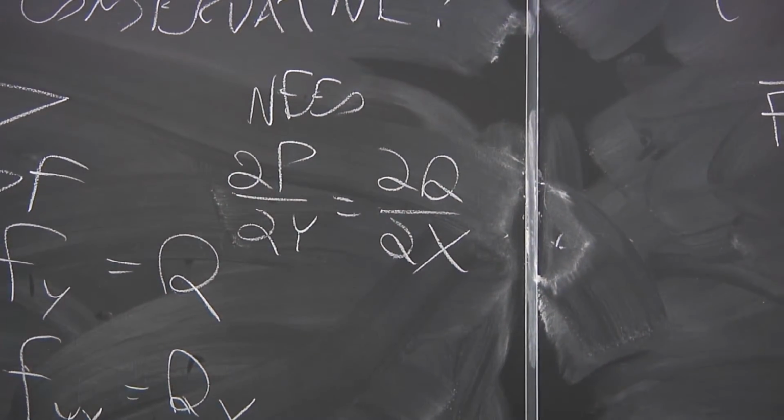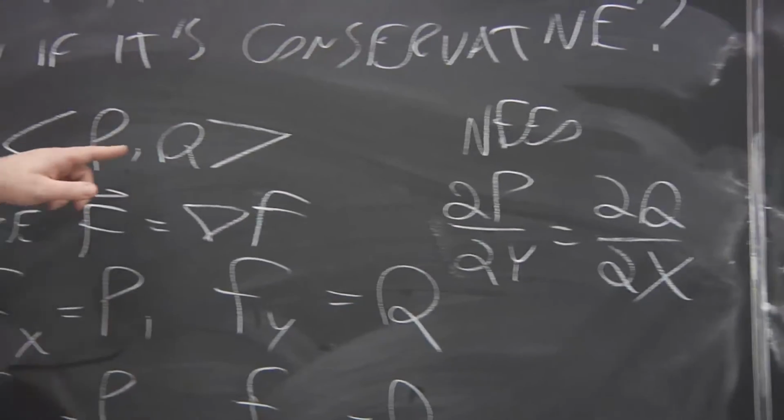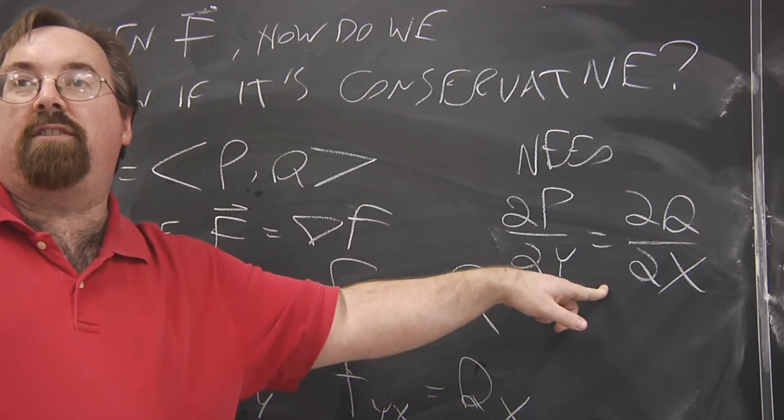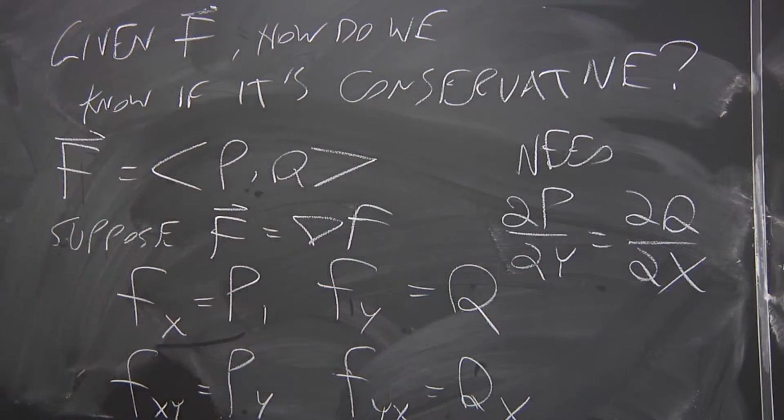So given any vector field in 2 dimensions of this form, you can just try this, and if it holds, then yes, it's conservative. Therefore, you know that its line integral is going to be path independent. You can use the fundamental theorem of line integrals if you can find the function little f, which we will be able to.